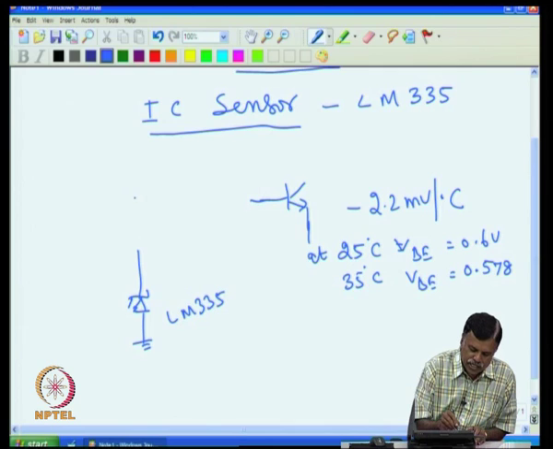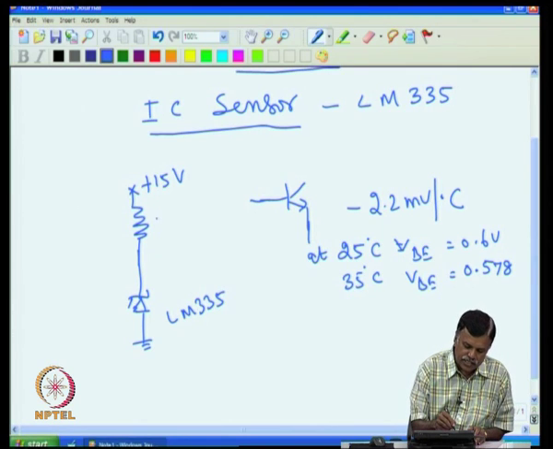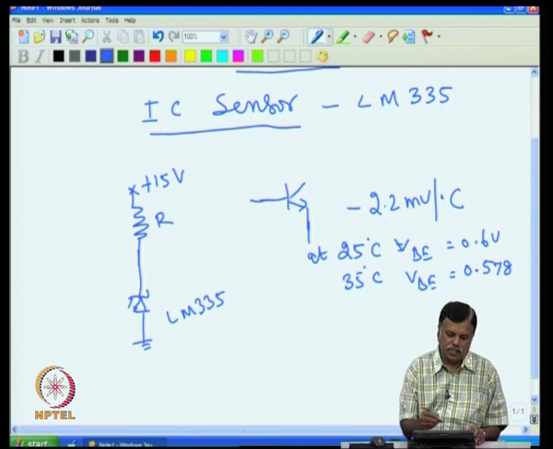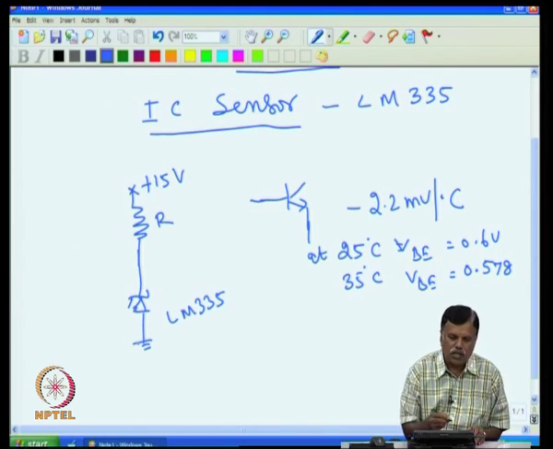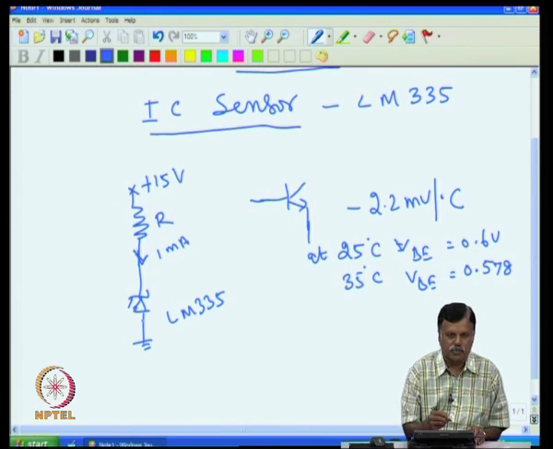So, how will I pass the current? I connect a resistance, connected for example to a plus 15 volt supply. I select this resistance R such that the current flowing through this is 1 milliampere. We have to make sure that 1 milliampere current flows all the time, then only the sensor works properly.